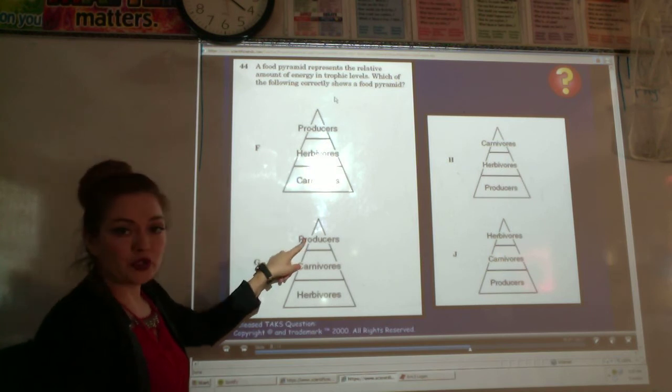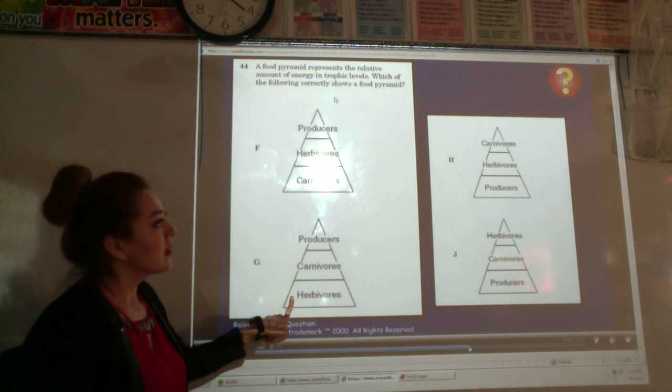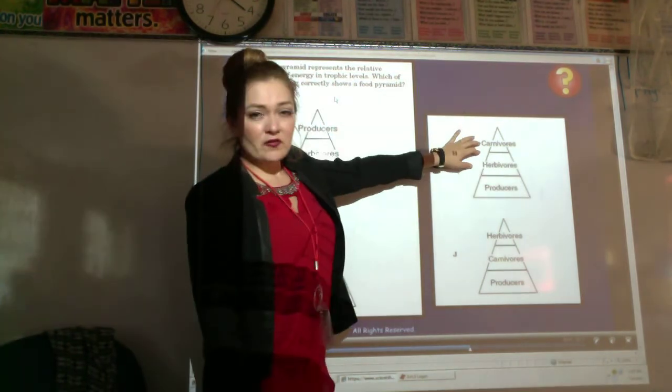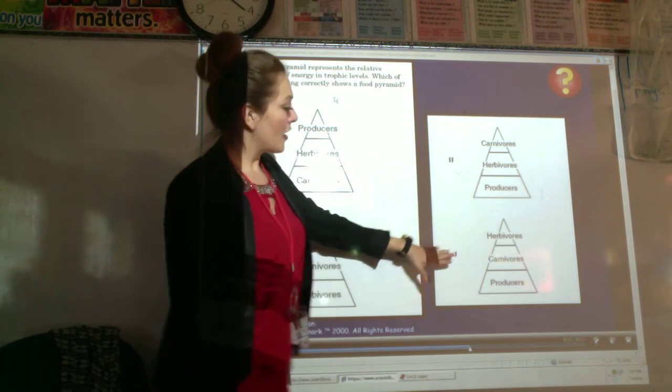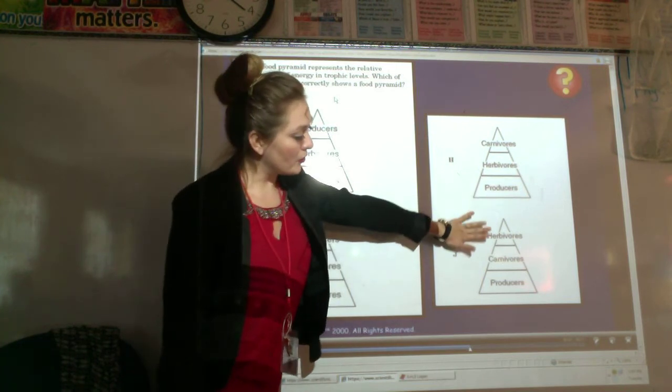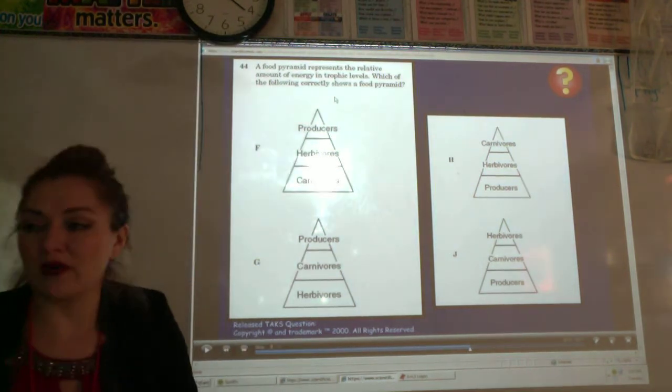Letter G says producers, carnivores, herbivores. Letter H says carnivores, herbivores, producers. And letter J says herbivores, carnivores, producers. So pick your answer, or you should already know.